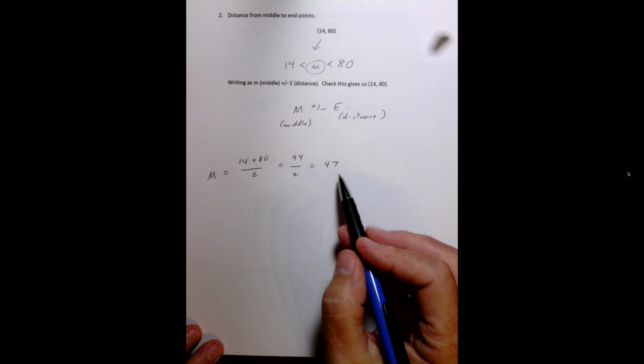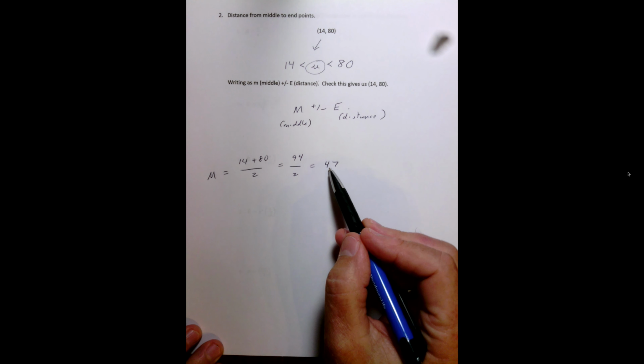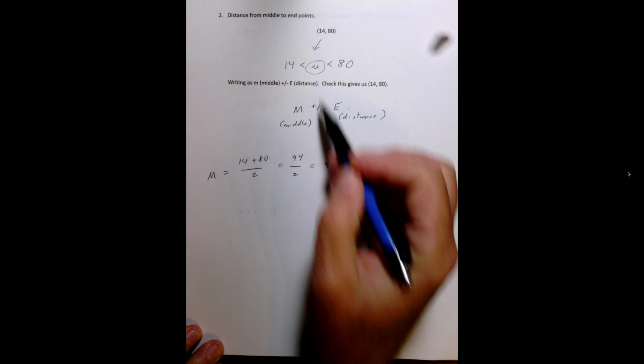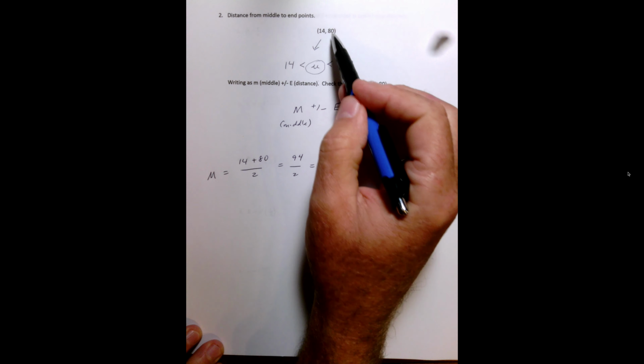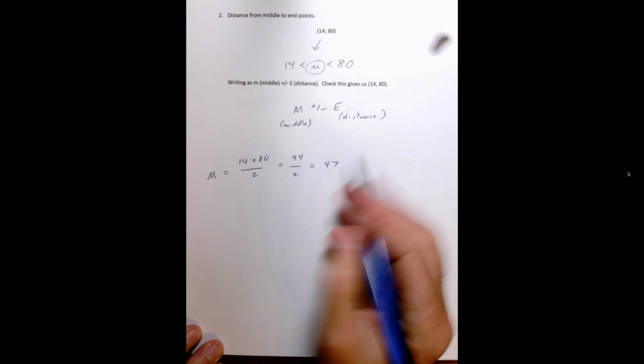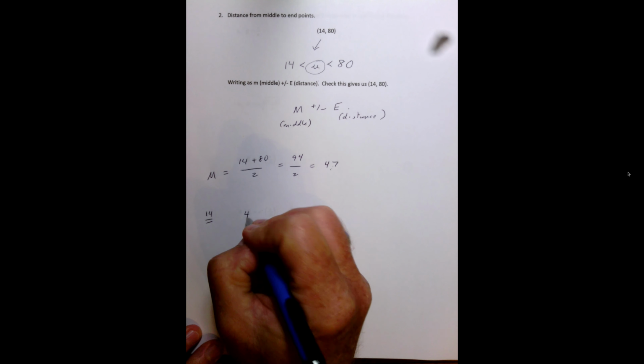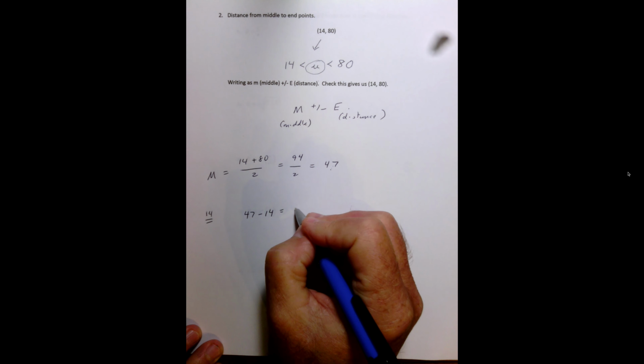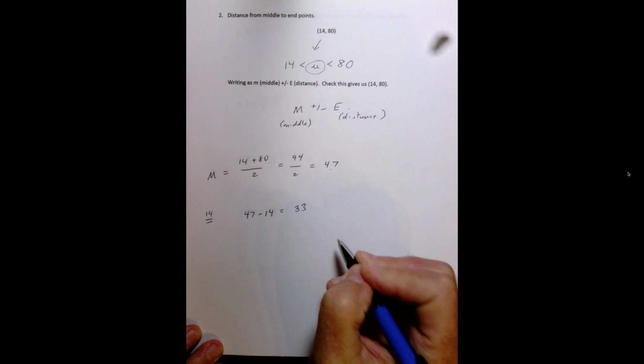All right. Now, what we need is to find the distance from the 47 to the 14 and the 47 to the 80. Well, for the 14, if I just take the middle minus the 14, I get 33.